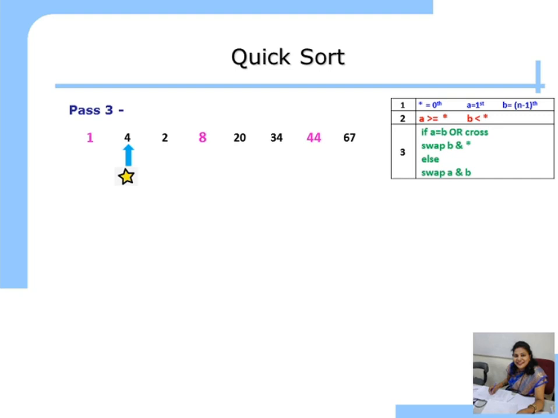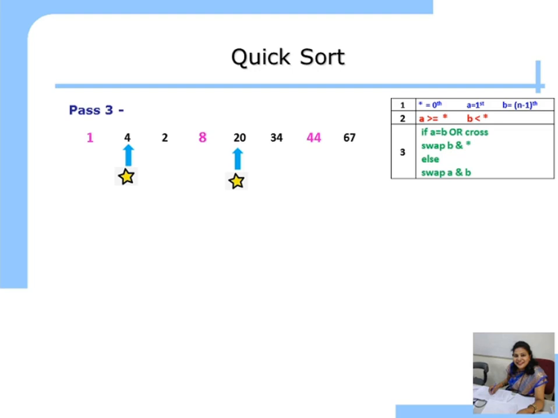The element next after the pivot is A. Next, find the pivot of the second list. In the second list there are again two elements, 20 and 34. The zeroth element is the pivot, so here the pivot is 20. So we initialize the pivot. In the first list we have the pivot 4, in the second list we have the pivot 20.